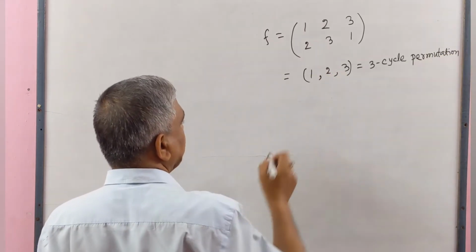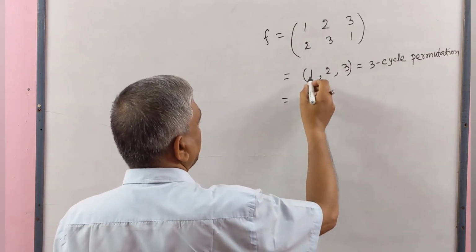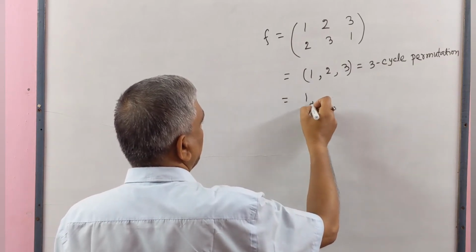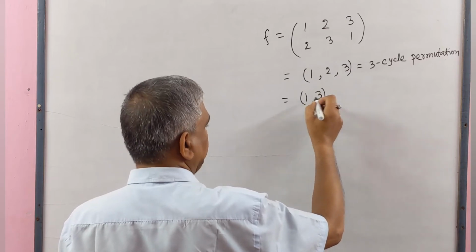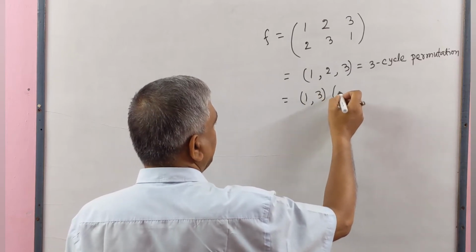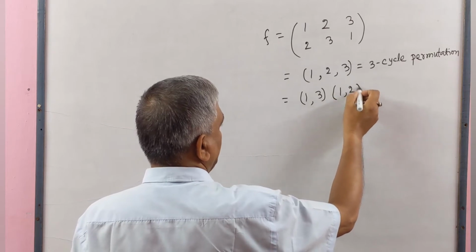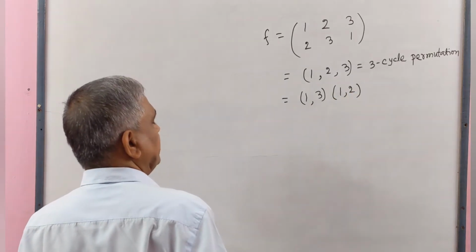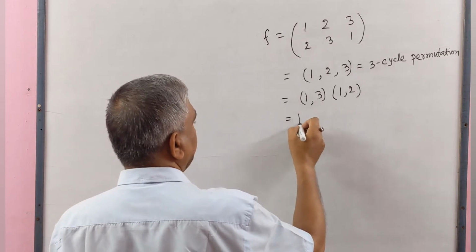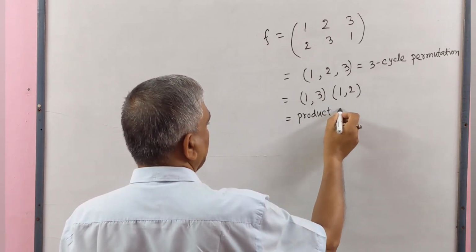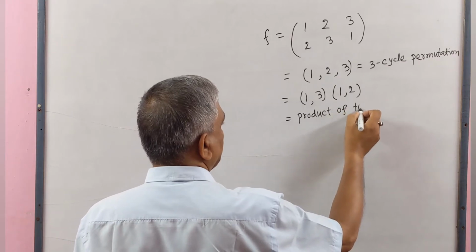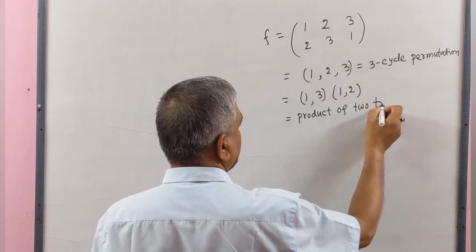We may write this as (1 3) multiply (1 2). Means this is the product of two transpositions.